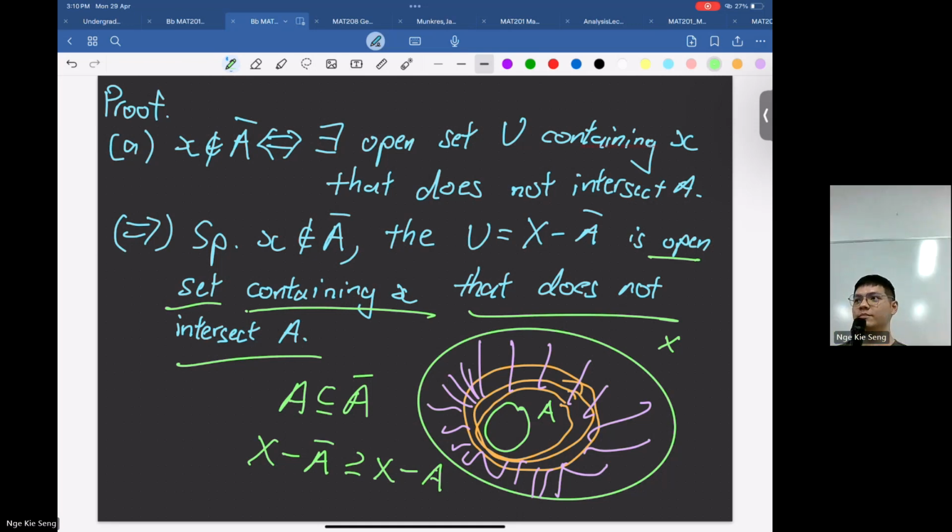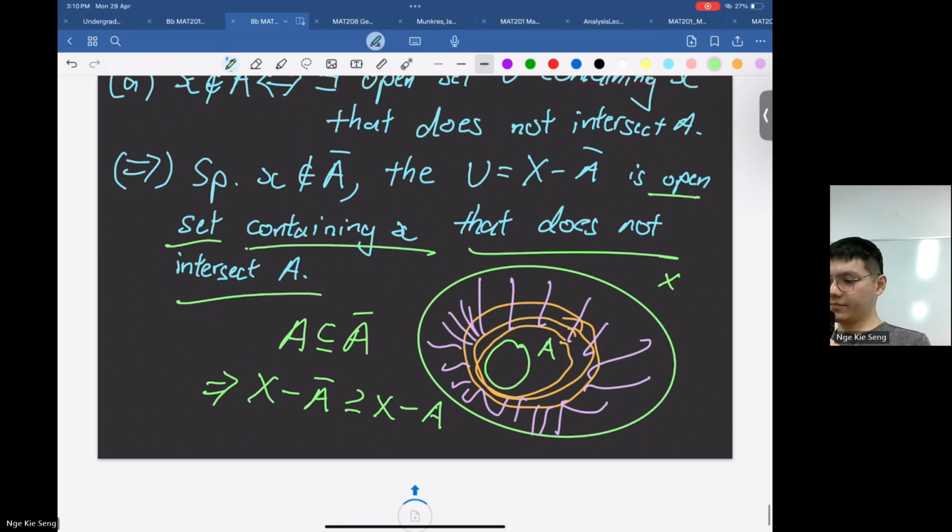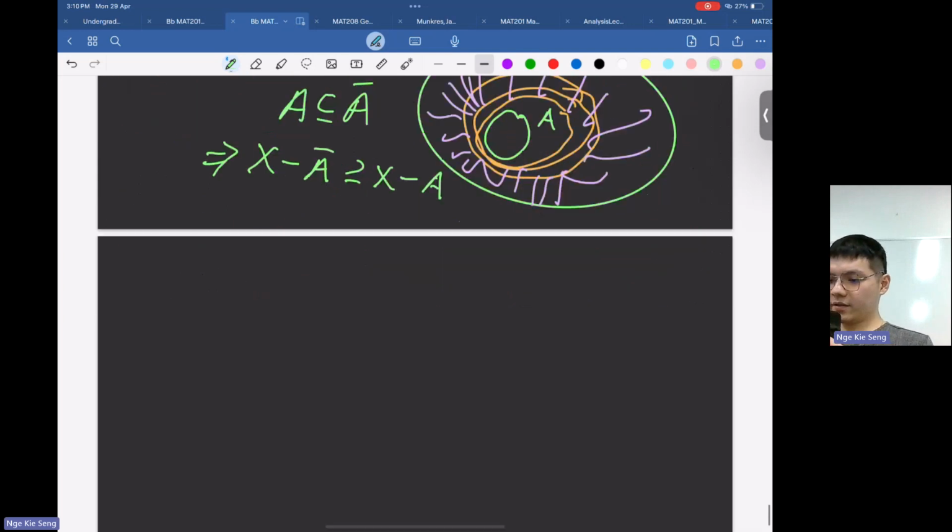This is true. So far, okay? Does it make sense? So yeah, that's not intersecting A.